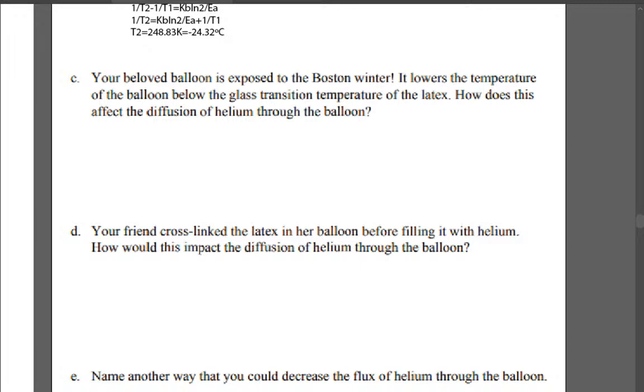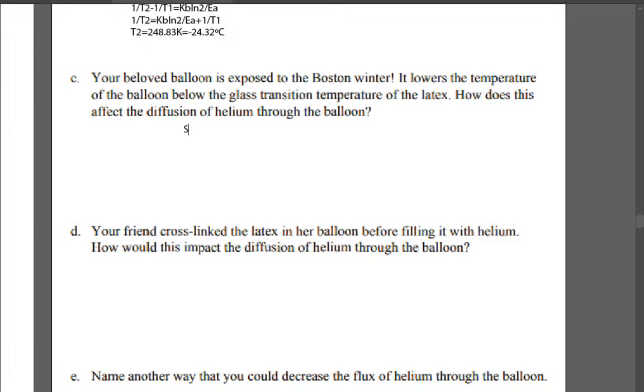It lowers the temperature below the. So it's now at the glass state? No, it is a super cooled one. It doesn't pop though. According to my logic, because of its lower temperature, it would be slower.